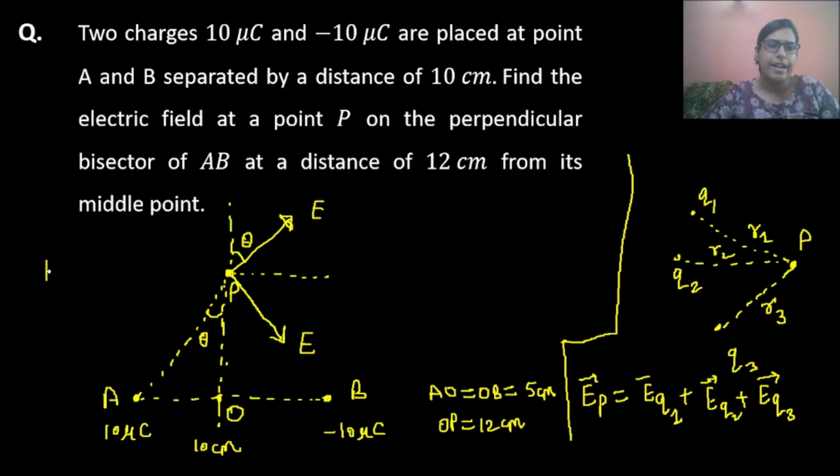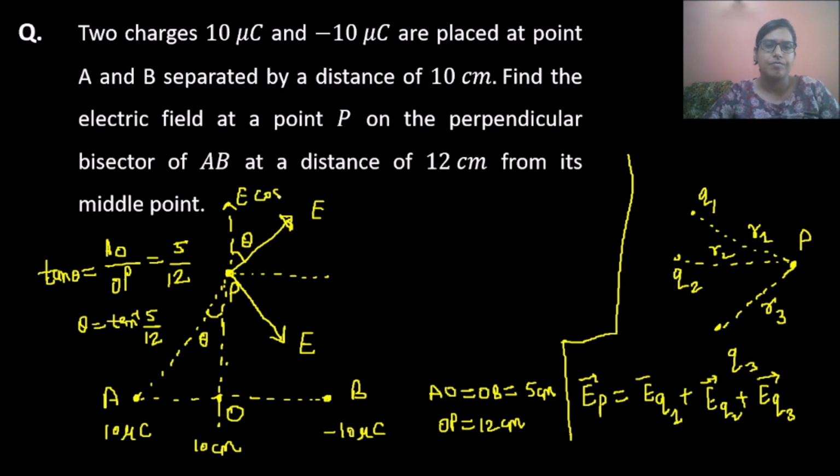How? Tan theta equals AO upon OP. AO is given 5, OP is given 12, right? So this theta will be tan inverse of 5 upon 12.